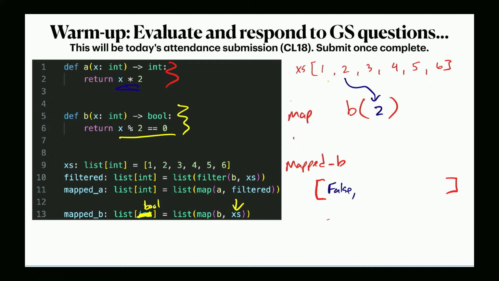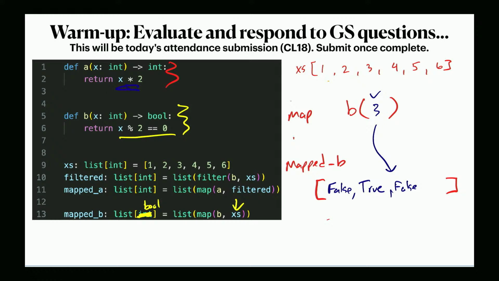And we continue on in the same idea for 2. So we call b with 2. 2 divided by 2, what's the remainder of that? It's 0. 0 equal to 0 is true, so that would map to true here. And we can carry on. For illustrative purposes, I'm going to move pretty fast here. 3, that's odd, so b would return false.